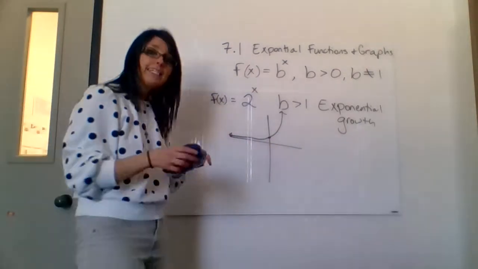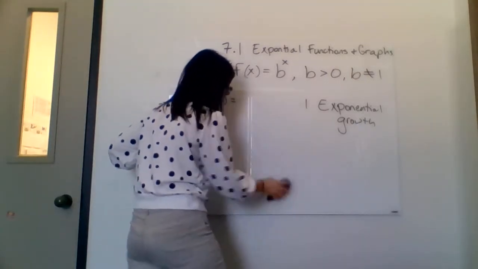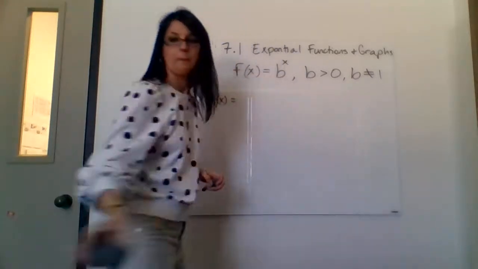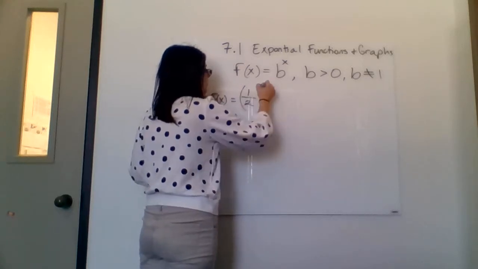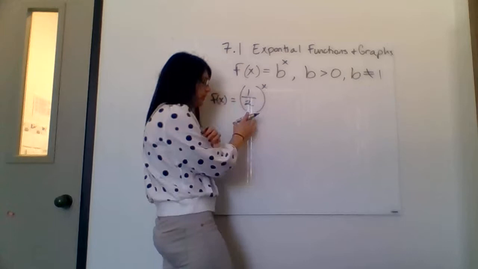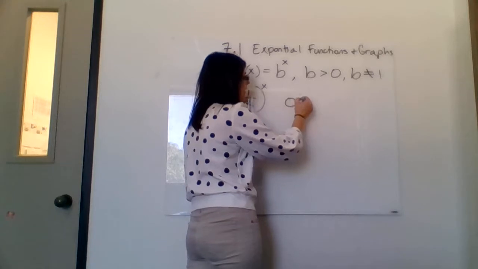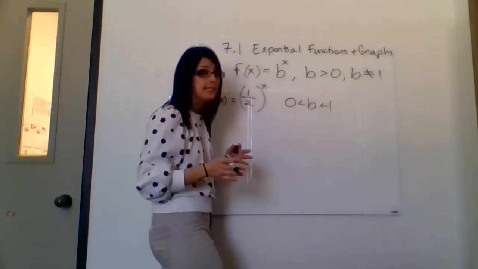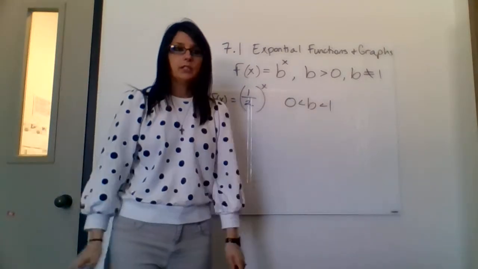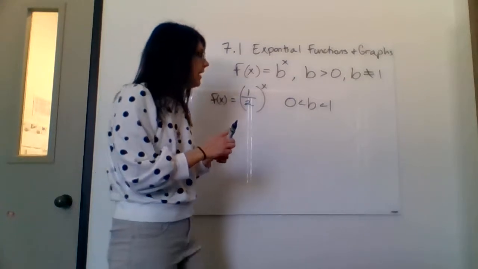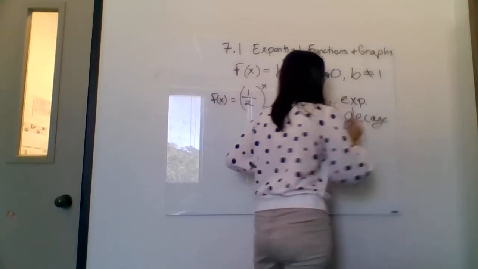Now, if our base is less than 1, in between 0 and 1, so something like 1/2 raised to the power of x. This is just an example, but this is for all of the exponential functions whose bases are in between 0 and 1. So any fraction in between 0 and 1, a third, 4/5, anything like that, we have what we call exponential decay.